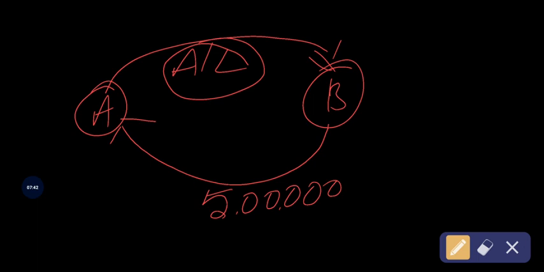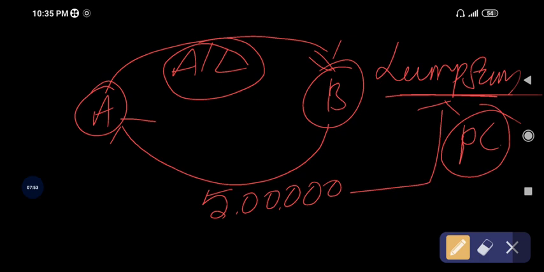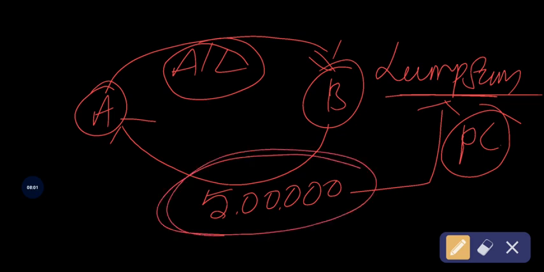Then under the lump sum method, this 5 lakh is the purchase consideration. So there is no need to calculate the purchase consideration again. In this method, the 5 lakh is the purchase consideration.